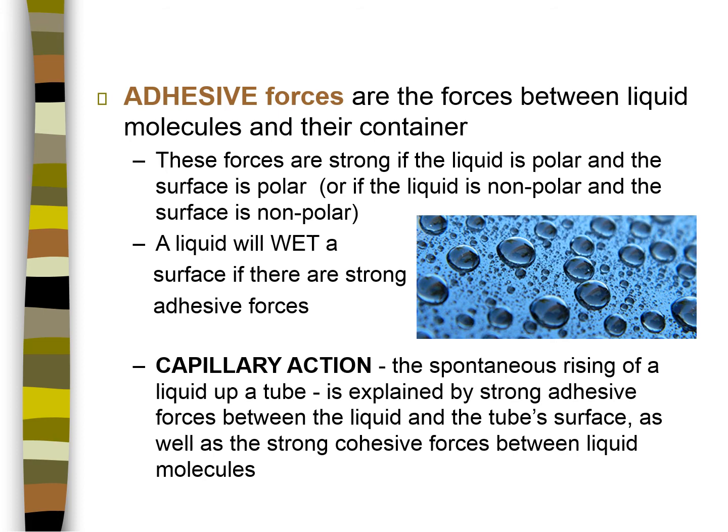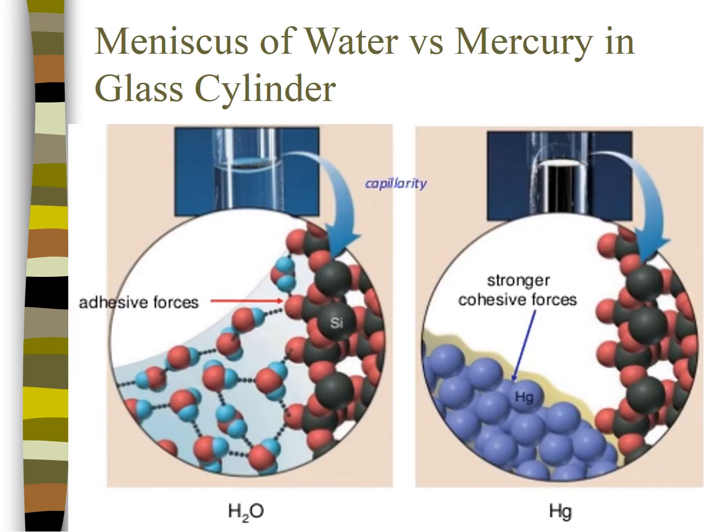If you imagine the water molecules, let's talk about water in a cylinder. So we've got here on the left a picture of perhaps a graduated cylinder or a test tube, and we talk about the meniscus in the cylinder. Now some students think the meniscus always has a certain shape, but no, the term meniscus just means the surface of the liquid in the tube.